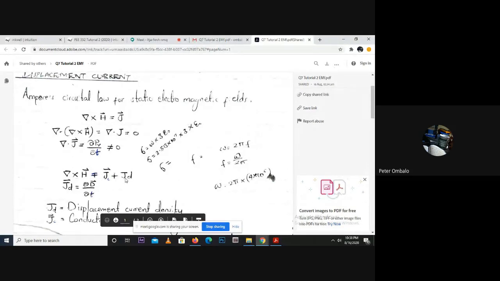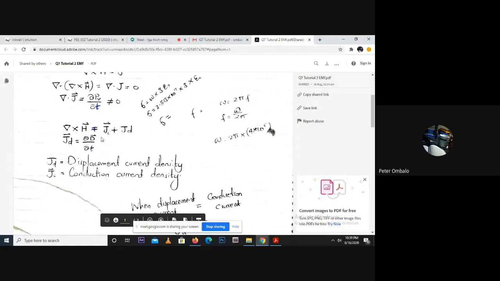Now this JD becomes the displacement current density. We have introduced a new term because you want to maintain the equal sign. And we saw that for time varying electromagnetic fields, the divergence of the current density cannot be equal to 0. So it's explained that Maxwell figured that there has to be an extra thing that has to be added. So then they added JD, which is the displacement current density.